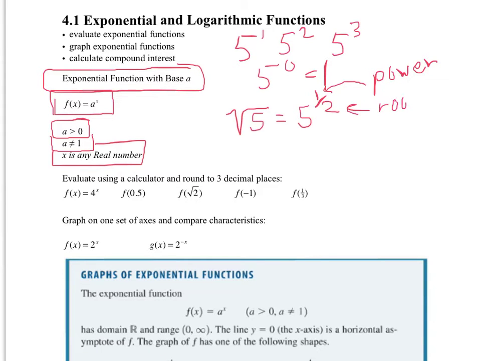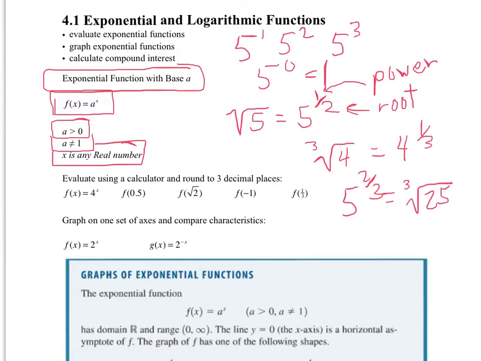So for example, if you wanted to write the cube root of 4, you could write that as 4 to the 1/3 power. And 5 to the 2/3 power would be the cube root of 5 squared, which is the cube root of 25. So those are rational numbers for exponents, but now we allow any real number to be an exponent.